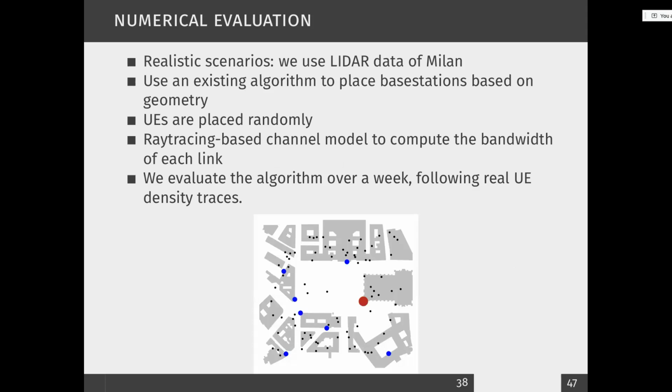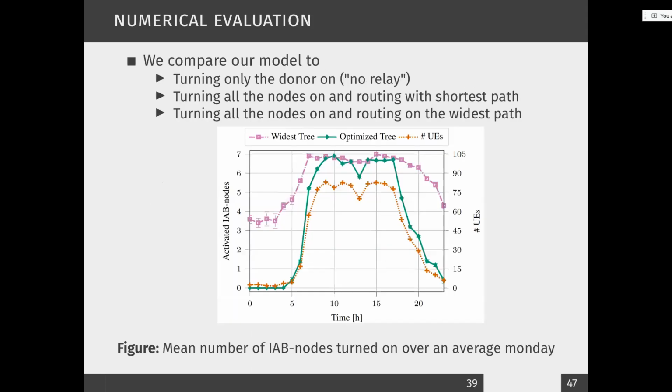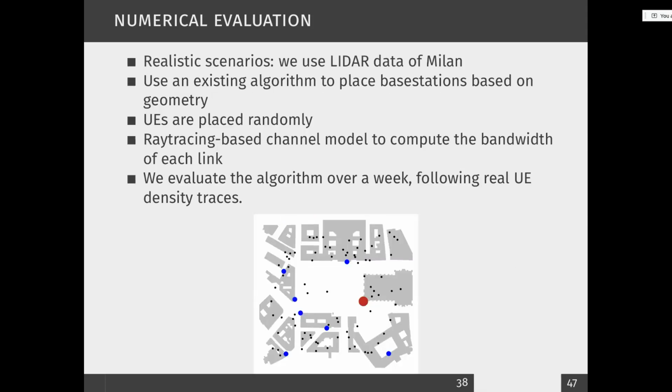You see that most of the UEs are inside the buildings. That's because that's what 3GPP specifies. So 80% of the UEs are inside and 20% outside. And then once we have this, we can run the channel model, and that gives us the measurement graph, and then we can run the approach.